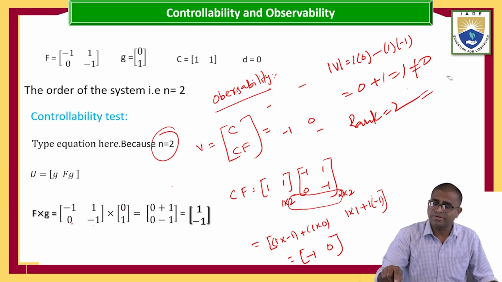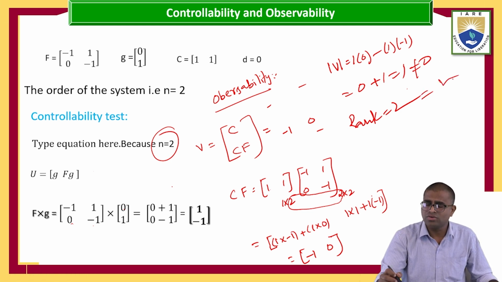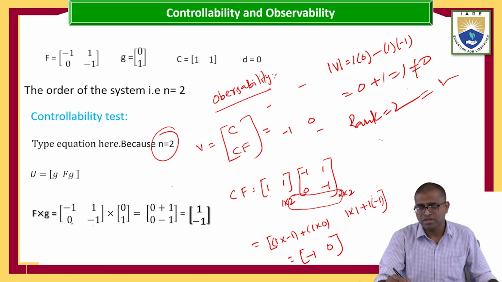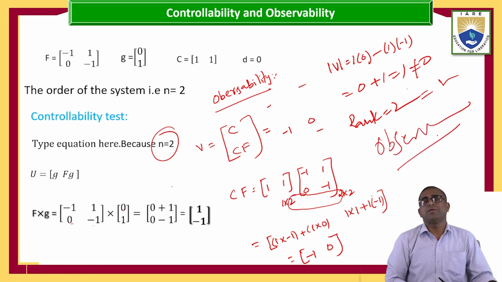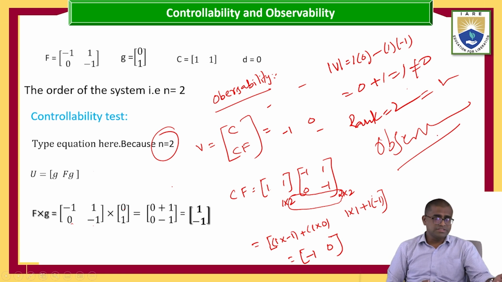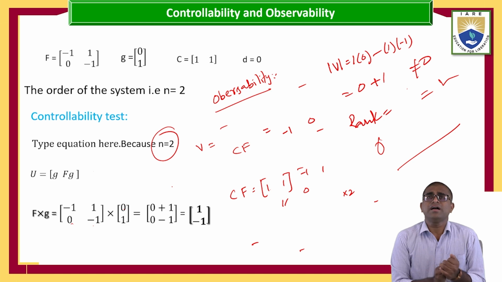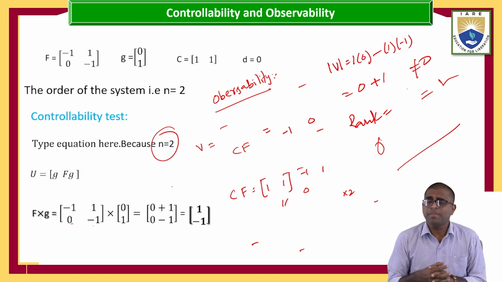So rank equals order, and the system is completely observable. This is the way we find the observability and controllability of the system.